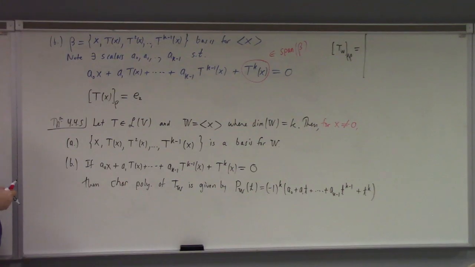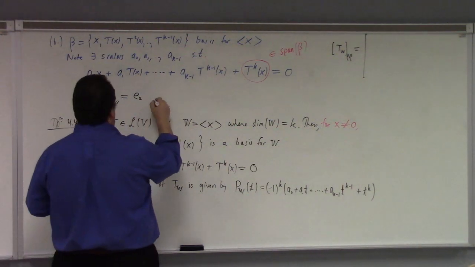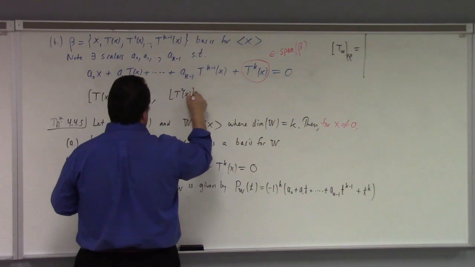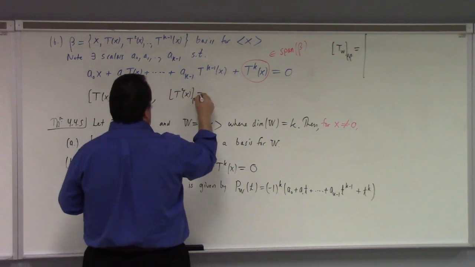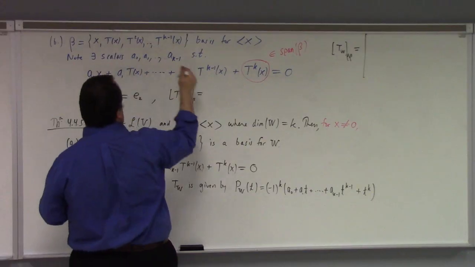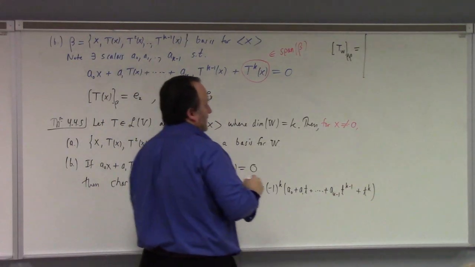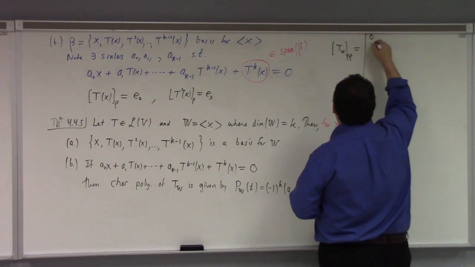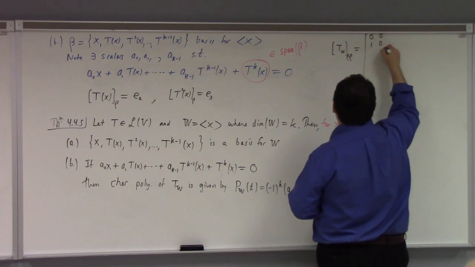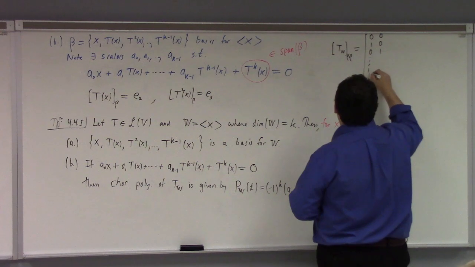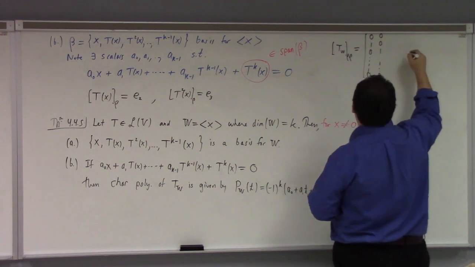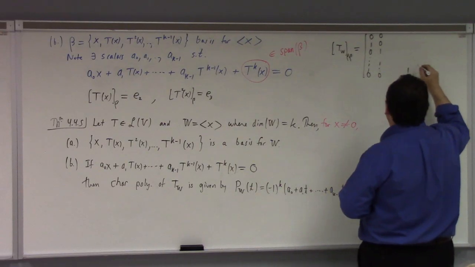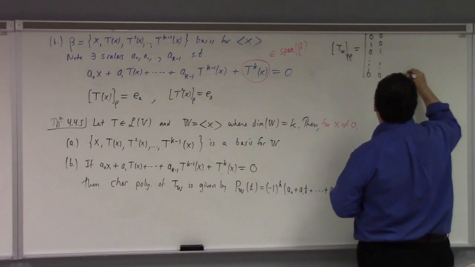T squared of x is the third thing in the basis. So what we get is 0, 1, 0, 0, 1, like that. And this goes on until we get a 1 in the last spot, right?